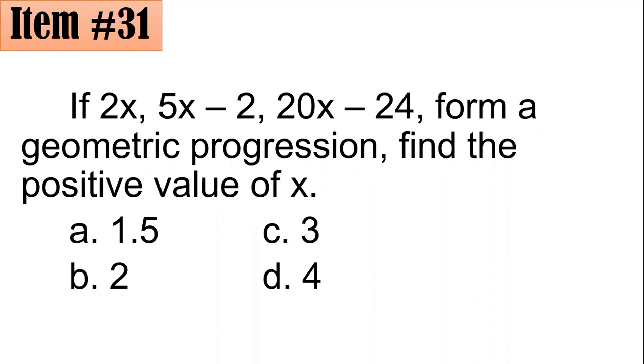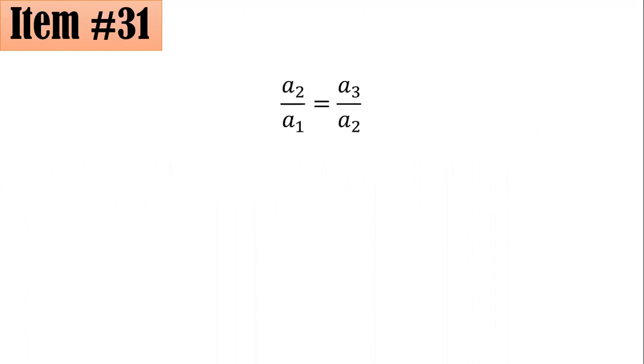What do you think? We have to remember that in a geometric progression, if you are given the first three terms, a sub 1, a sub 2, and a sub 3, if you divide the second by the first, it's equal to the third divided by the second.